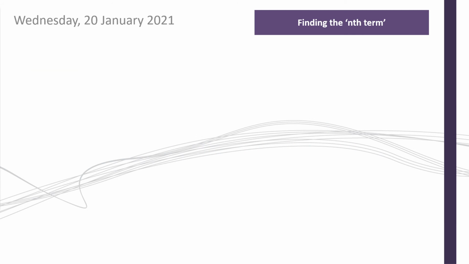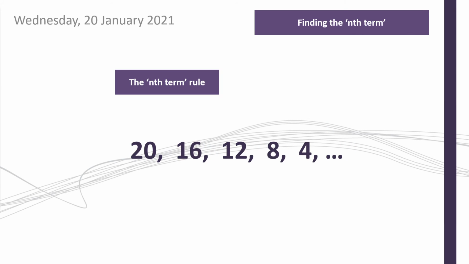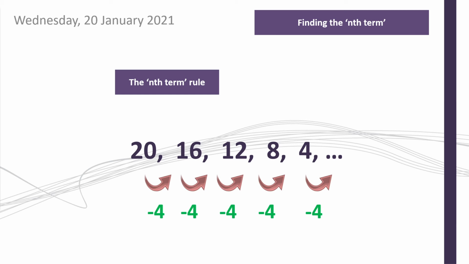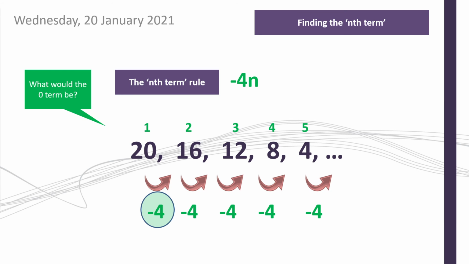Let's consider another example. In this sequence, the difference is minus 4. Therefore, in order to get the nth term, we will want to add minus 4, n times, to the 0th term. What will be the 0th term? Again, doing to the first term the opposite of what we would do in order to get the next term.